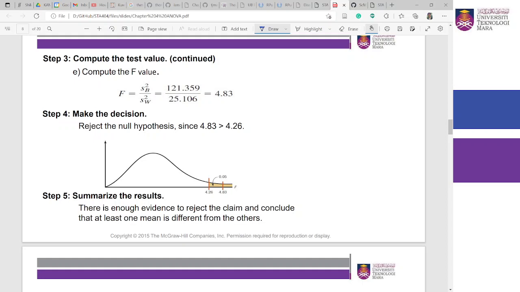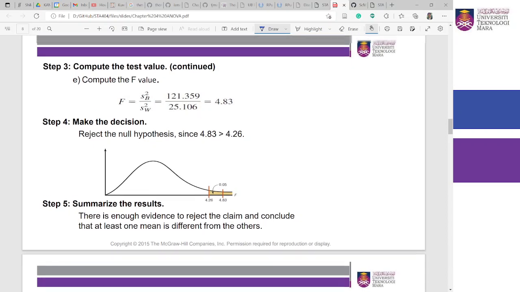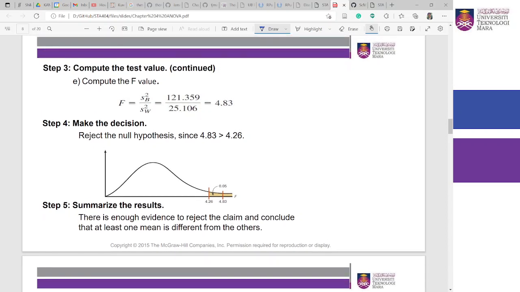So this is given by the ratio mean square between divided by the mean square within. So in this case, you get the value to be 4.83.